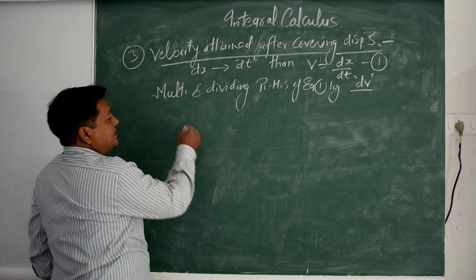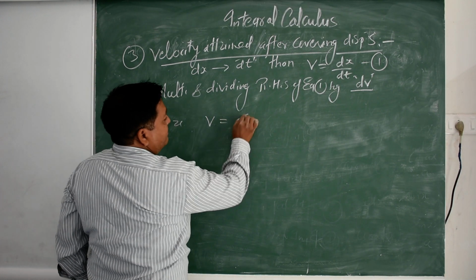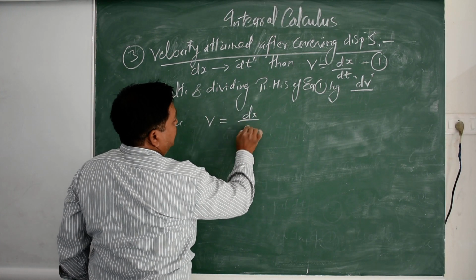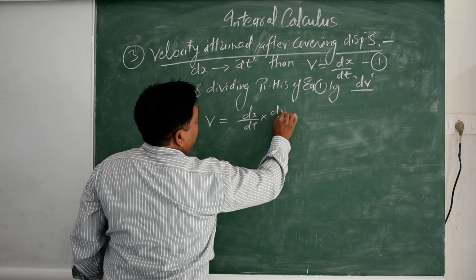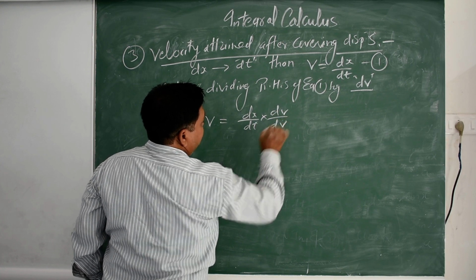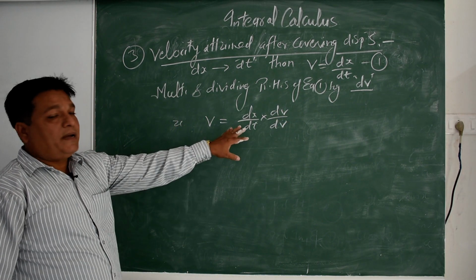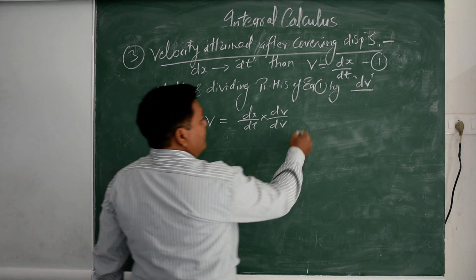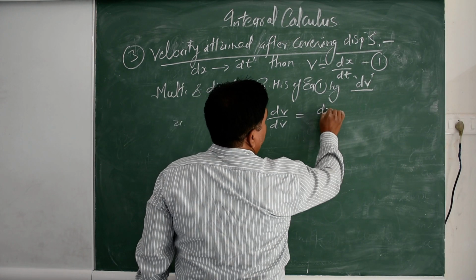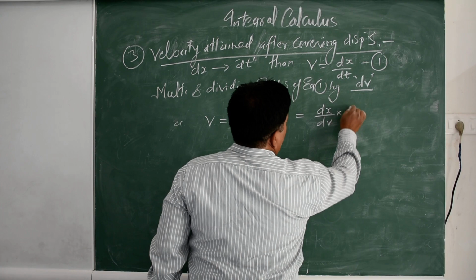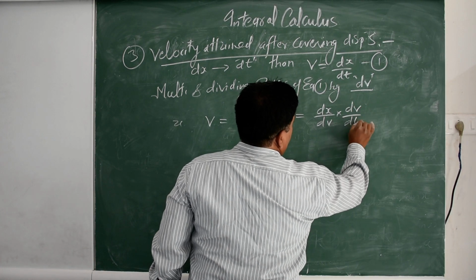What do we get here? See here, v is equal to dx by dt into dv by dv. So we can write this term as dx by dv into dv by dt.